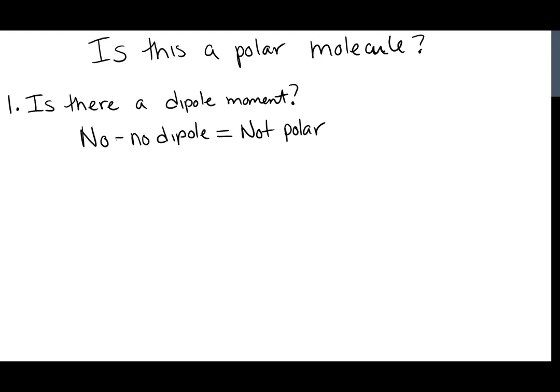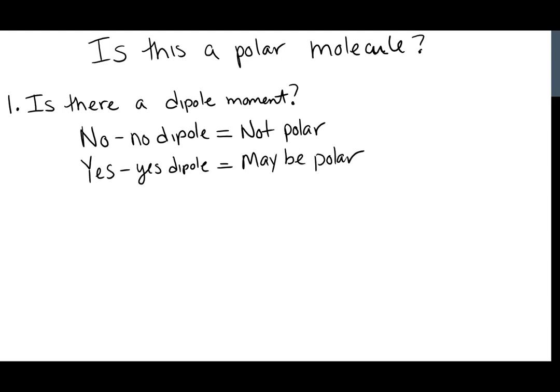Okay? If the answer is yes, there is a dipole moment, there is a separation of charge within one of the bonds or all of the bonds. So yes, dipole, then it may be polar.